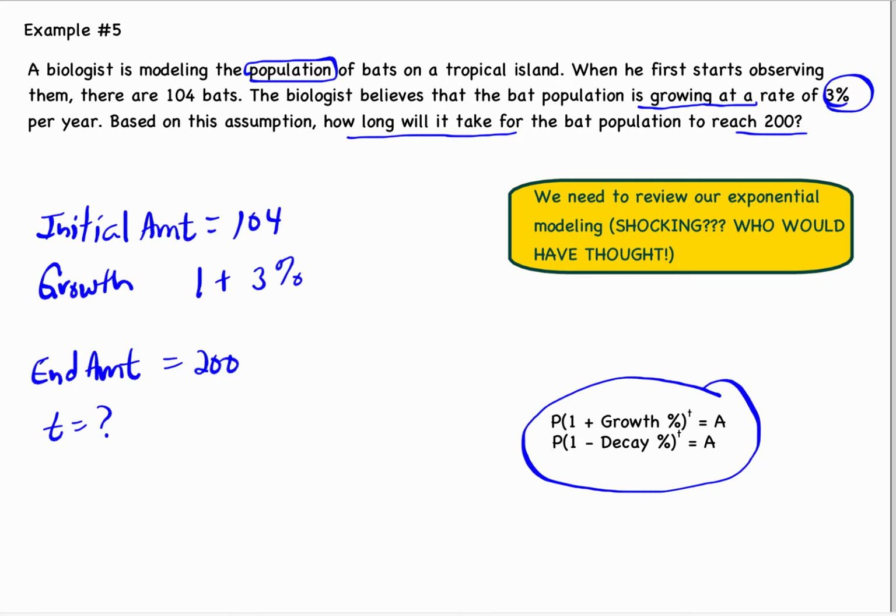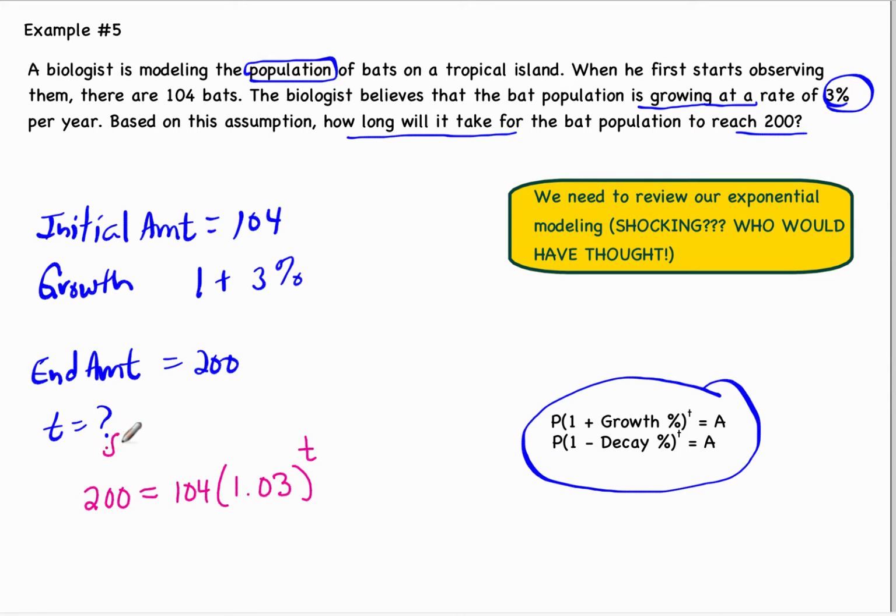So if I were to write out this formula, it would look like such. All right, 200 is what I want to get to when I started with 104 bats, population growth 1 plus, and I don't know the time, right?